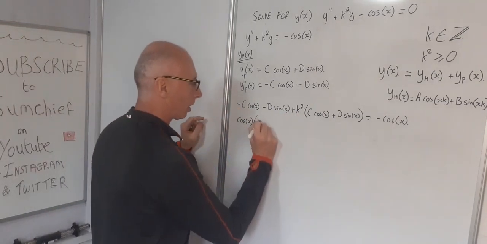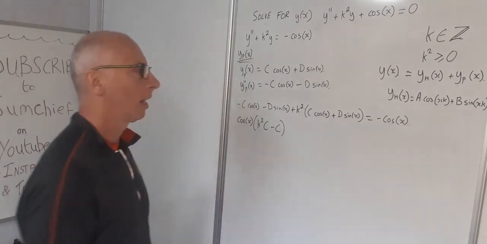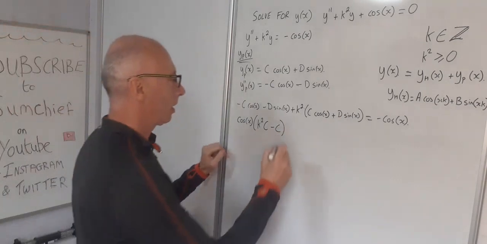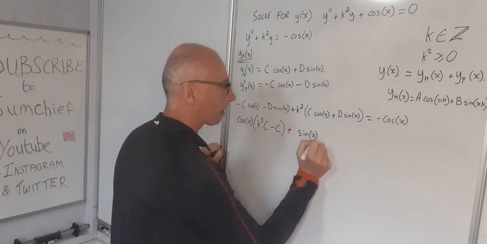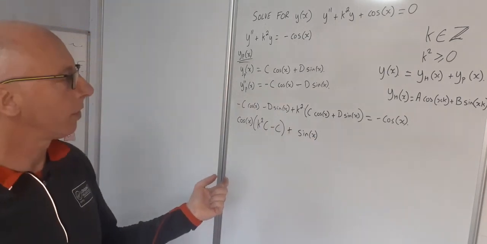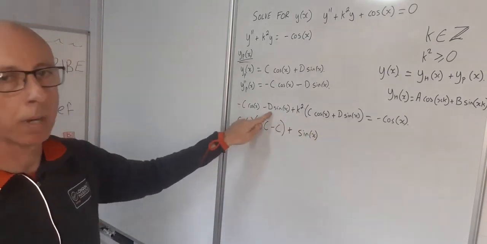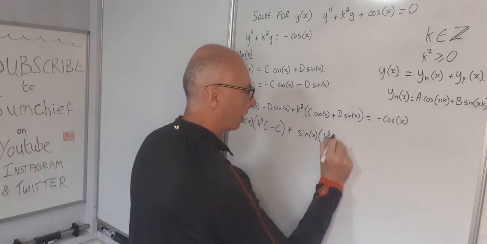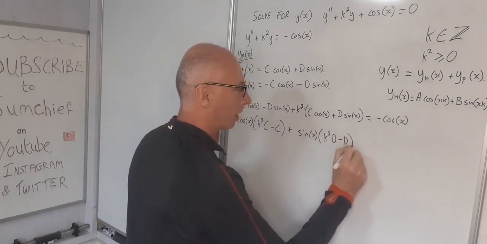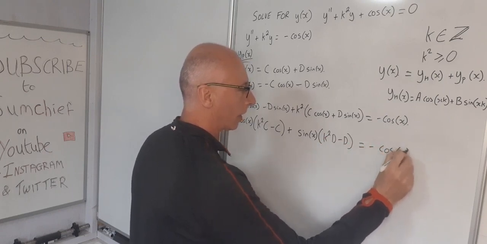So I'm going to do k squared c minus c. And now looking at the sine, I add sine of x, and then factoring out the sine constants, I've got a k squared d, and here I've got a minus d. So now I've got k squared d minus d, and that equals minus cosine of x.